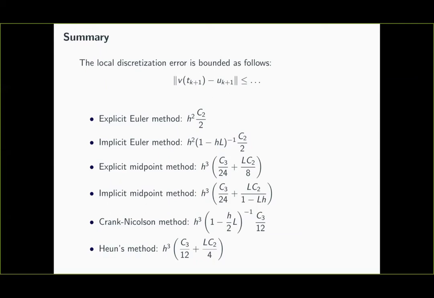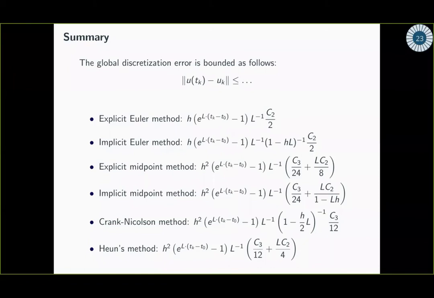Another reason to care about the local discretization error is their relation to the global discretization errors. Namely, these bounds on the local discretization errors will lead to bounds on the global discretization errors. That's just some result we've seen recently.